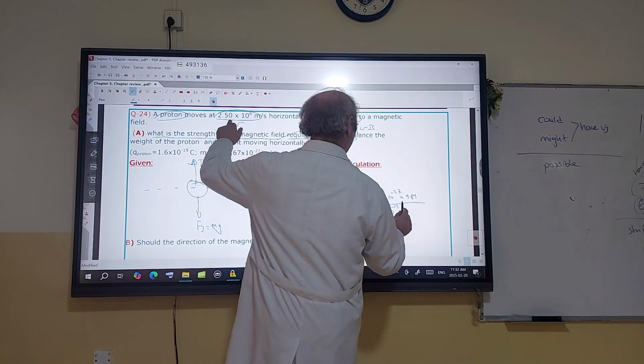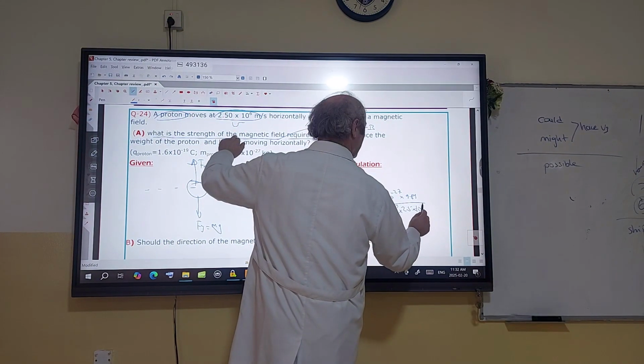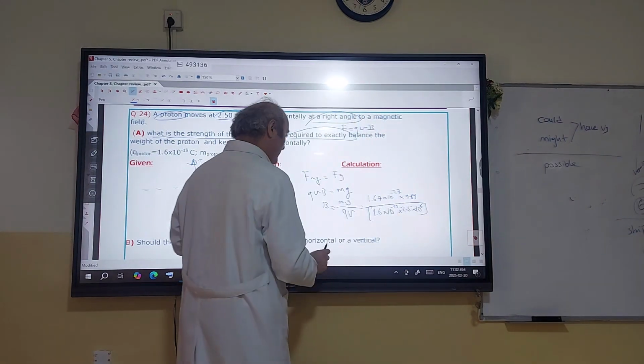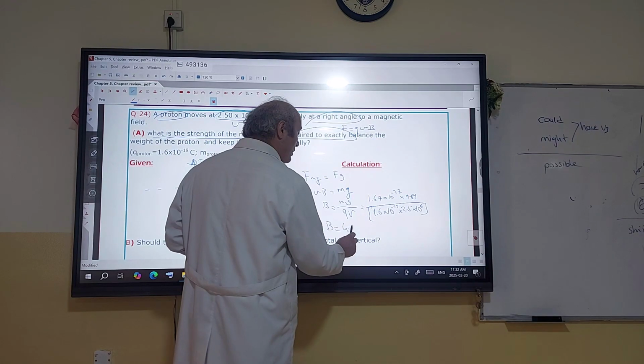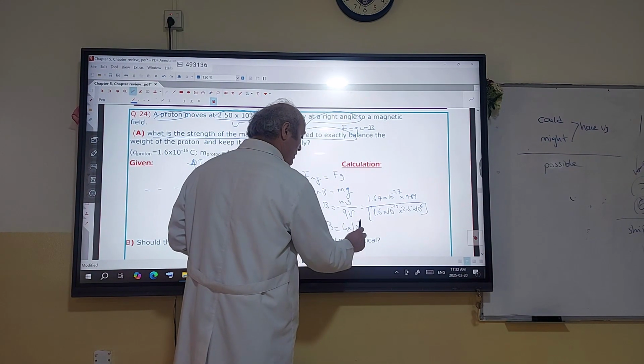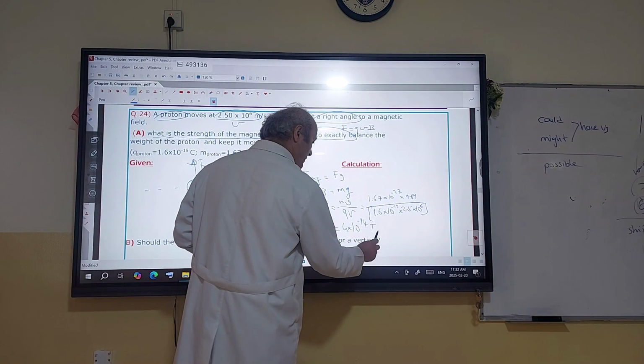V is given in the question as 2.5 times 10 to the power of 6, but don't forget to use brackets. B is going to be 4 times 10 to the power negative 14 Tesla. Okay.